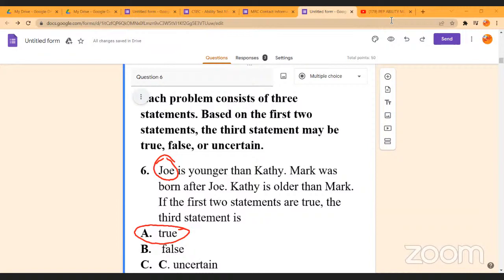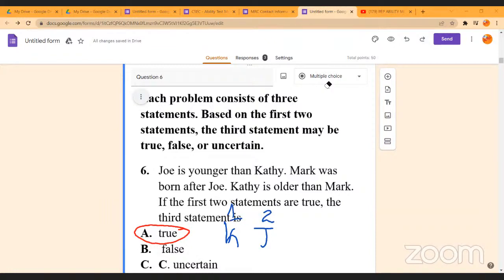So let's write down Joe, the letter J for Joe. Joe is smaller than Kathy, so let's put Kathy first. That means Kathy was born before Joe. Good. So this is the first child, that's the second child, based on what we know so far.